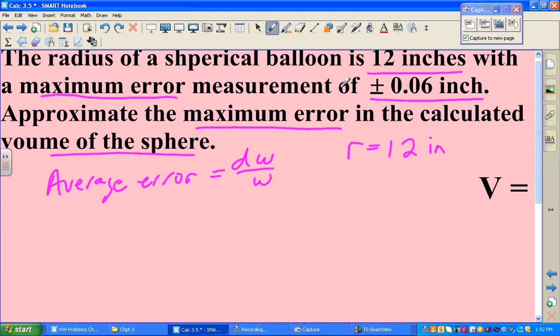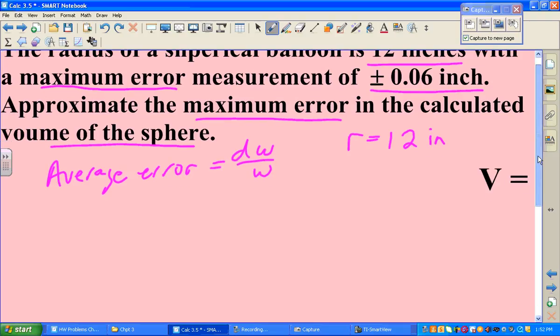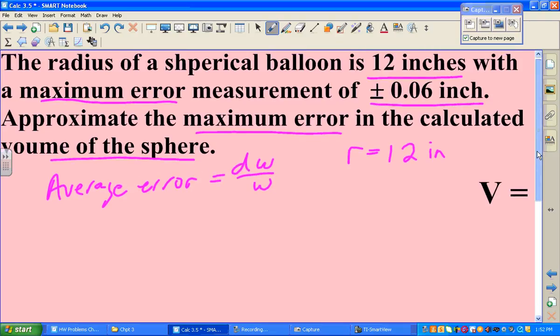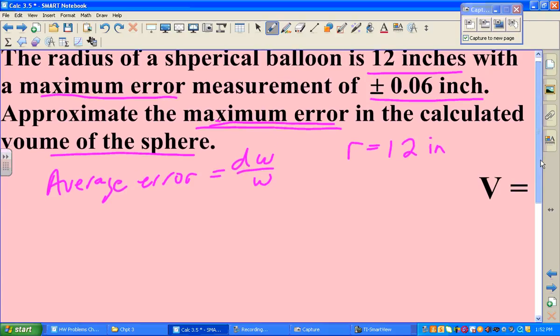Quiet. Now Chase, any idea what to do next? Well, you take the maximum it can be. What's the question asking us to do? Maximum error of volume.